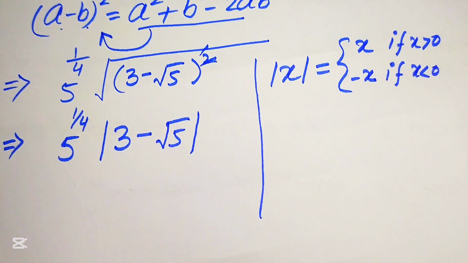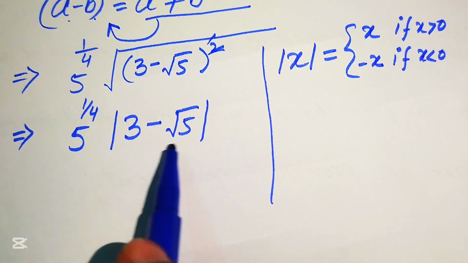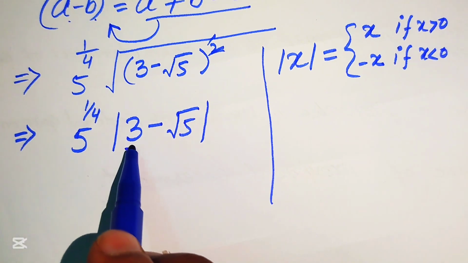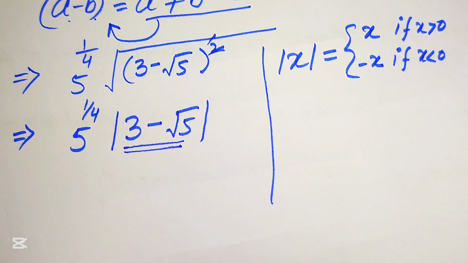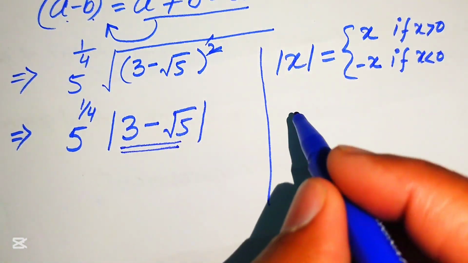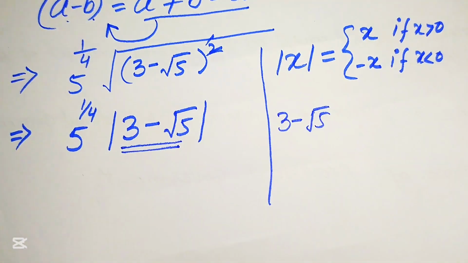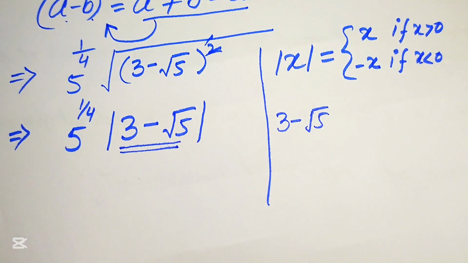The value of the absolute number is totally dependent on the value inside the mod term. Here, inside the mod we have 3 minus the square root of 5. First we check whether 3 minus the square root of 5 is positive or negative, greater than 0 or less than 0.